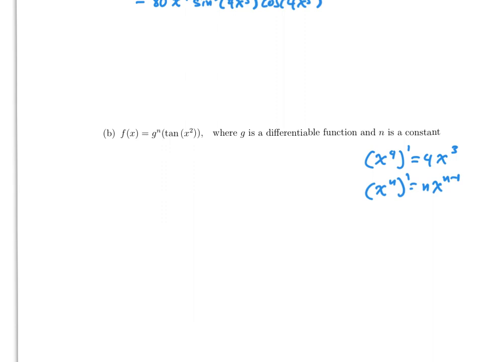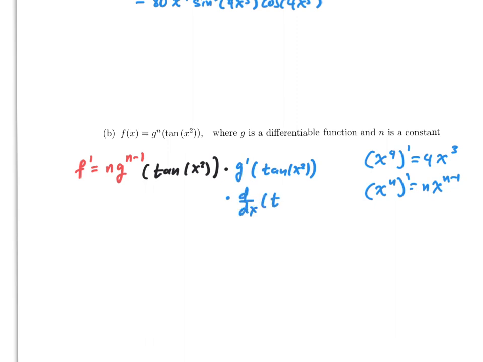So here, f prime will be the derivative of g to the n power first, which is related to this. So this should be n g to the n minus 1 evaluated at tangent x squared, times, by the chain rule, g prime evaluated at tangent of x squared, times we need the derivative with respect to x of tangent of x squared.